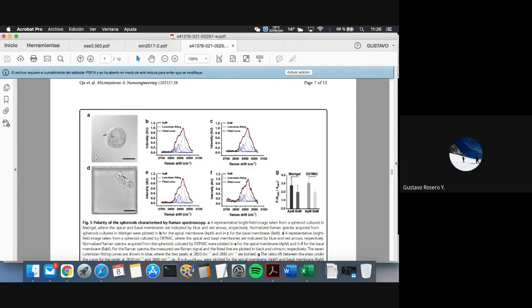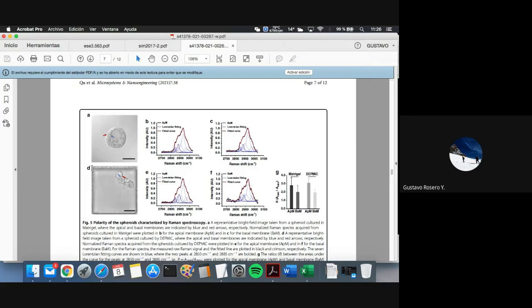Because in these cases, the scaffolds of Matrigel or other scaffolds produce different polarity. But with this, they found that there is random polarity, and in some cases this polarity is positive and negative, depending on the matrix.